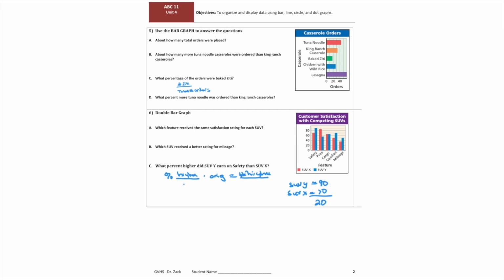So we're looking for the percent higher. I'm going to put X there, times the original, that would be 70, and that's going to equal the number that was higher, and there's your 20. Do your division. X is equal to 20 over 70, and then you will have to rewrite 20 over 70 as a percent.